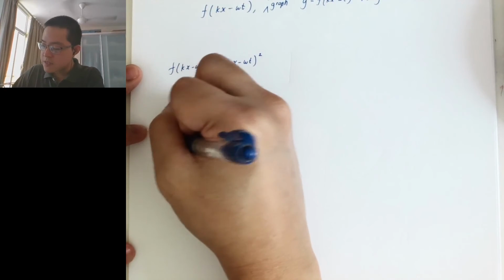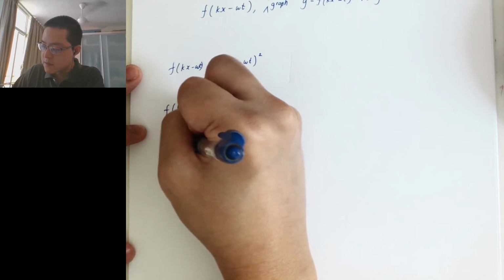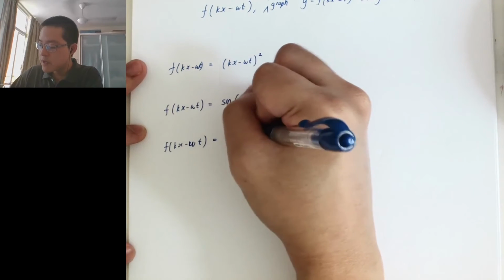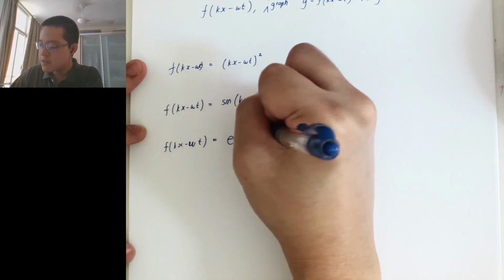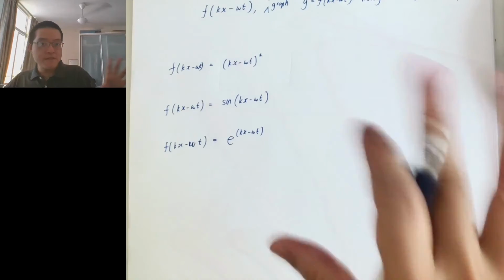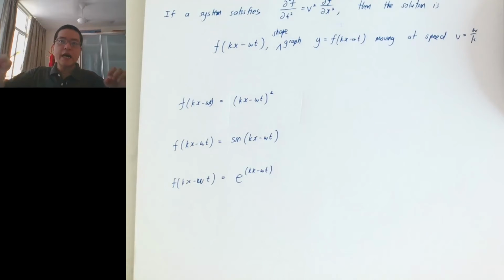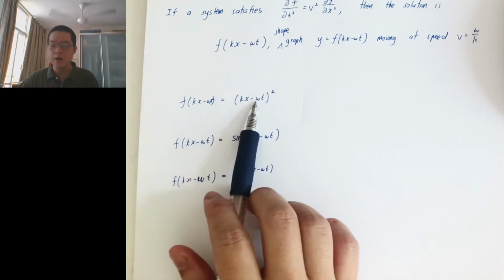Another function, e to the power of kx minus omega t. All of these satisfy the wave equation, and if you plot the graph, you see the shape will move to the right at speed v, which is given by omega over k.